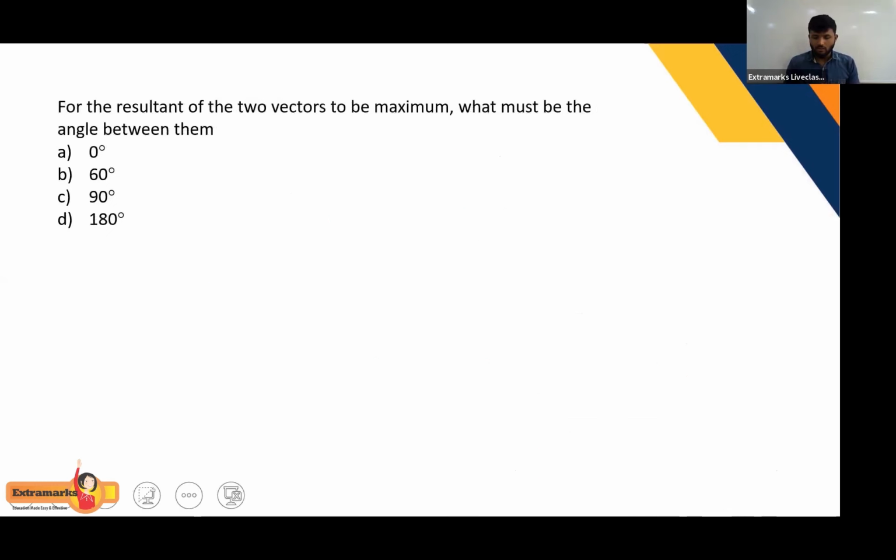Here they have given: for the resultant of two vectors to be maximum, what should be the angle between them? Now this is a very important concept. If you want to find the maxima or minima, you know that the resultant is r equals under root a square plus b square plus 2ab cos theta.